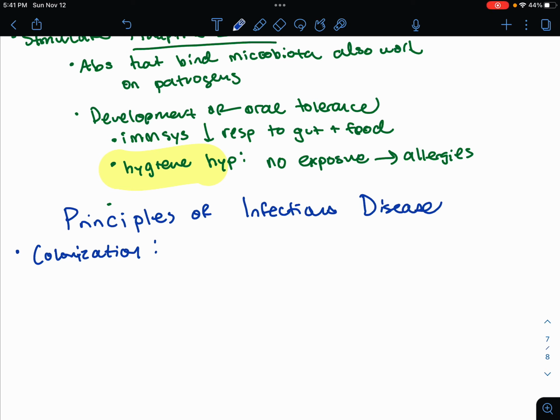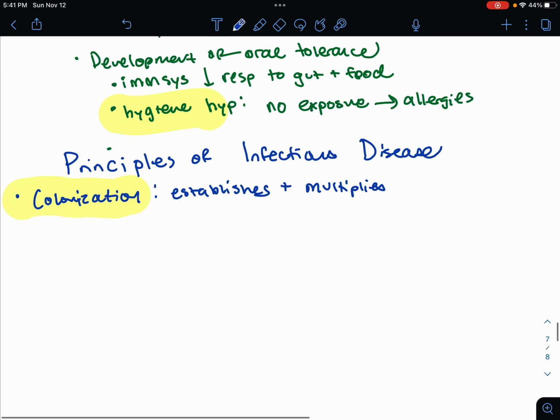In regard to the pathogenic bacteria, this is when the pathogen establishes itself and multiplies. Infection is to refer to the pathogen.